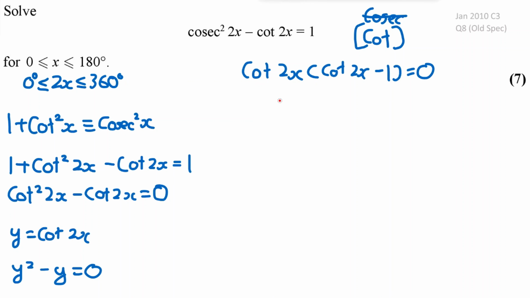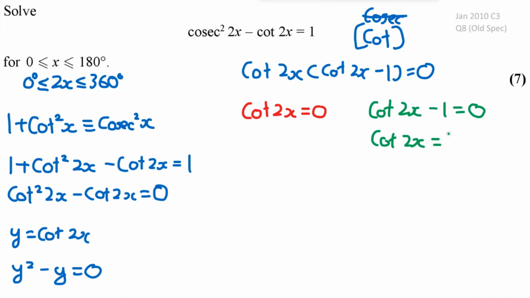And therefore, there are going to be two solutions to this equation. Cot of 2x is equal to 0, and cot of 2x minus 1 is equal to 0, and move the minus 1 onto the other side to get cot of 2x is equal to 1, like this.